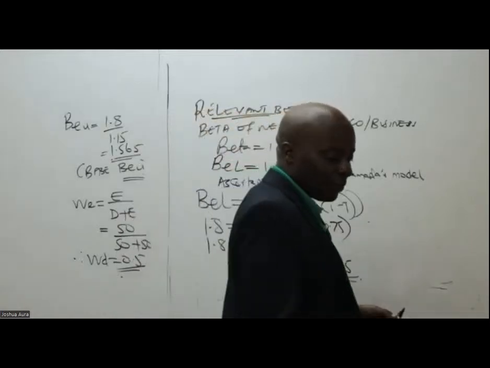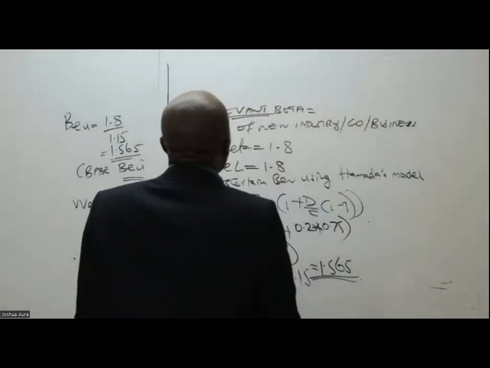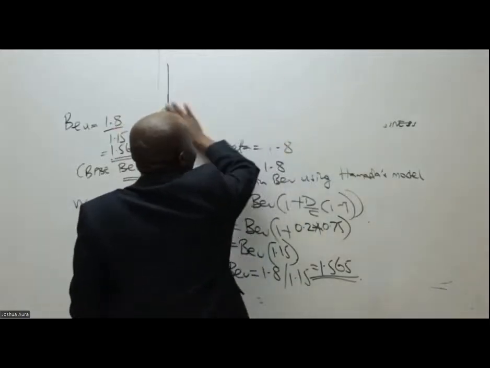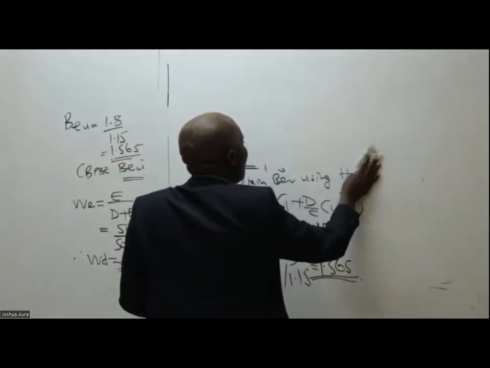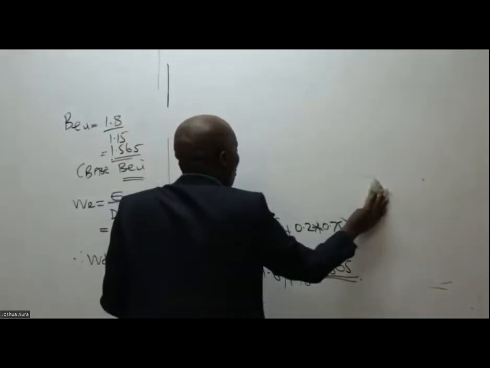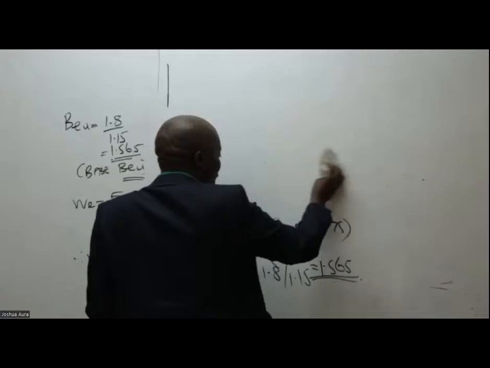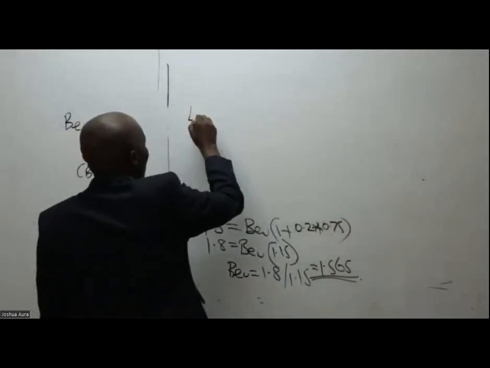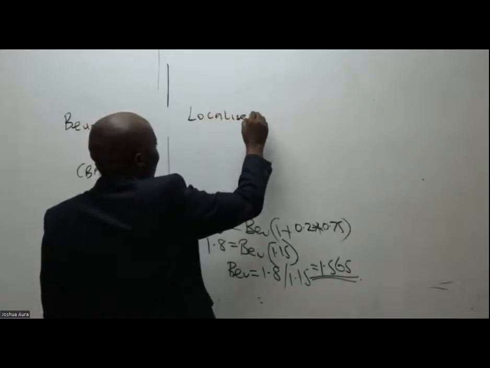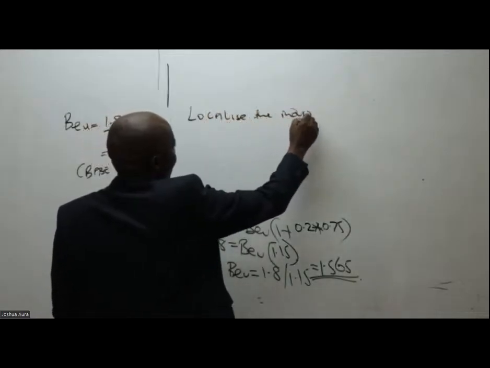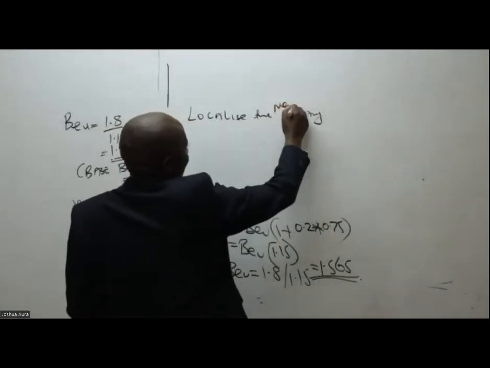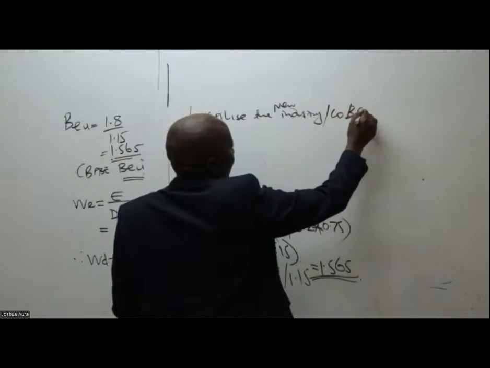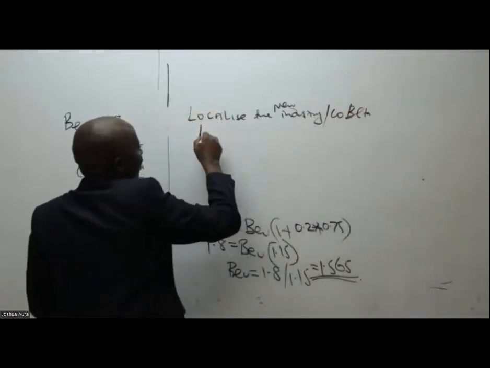Now, ladies and gentlemen, the next thing, using this base, you can call it base beta, using this, I should be able to localize. So you localize the industry, new company or new business beta to the firm.